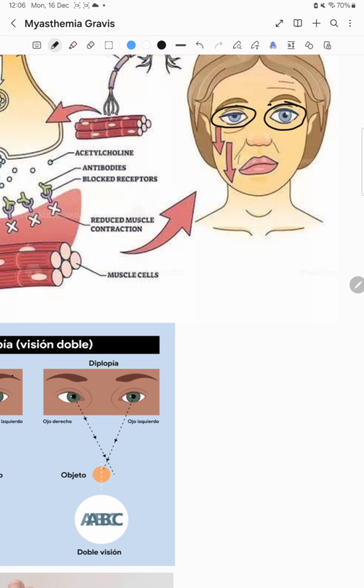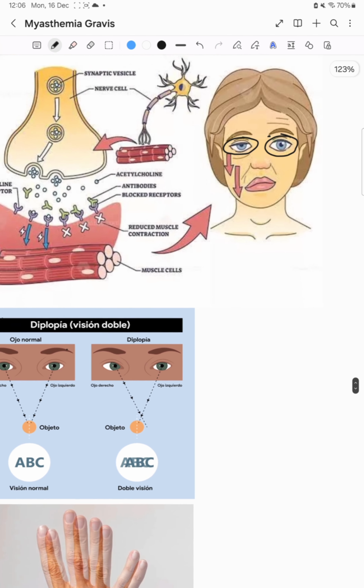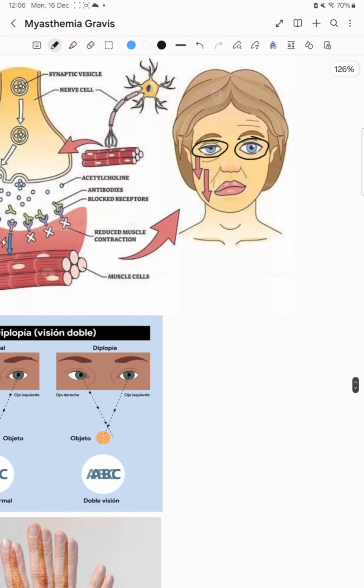This person cannot open her eye properly because of the muscle weakness in the eyelid muscles. So it is known as ptosis, drooping of one or both eyes.